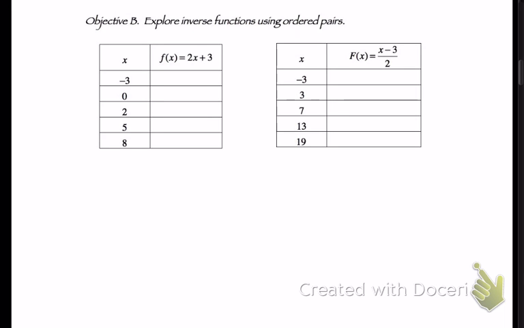All right, the second objective. I'm telling you that these 2 functions right here are inverses of each other. I want you to tell me why they are inverses of each other by doing this XY chart.